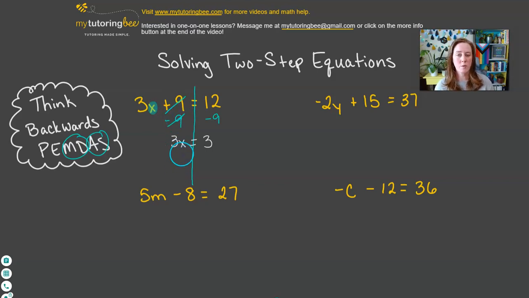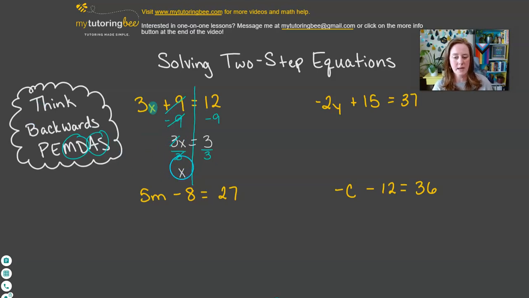When we're multiplying or dividing in order to get rid of something, we want that result to be 1. So we want 1x left here. We are going to divide by 3. I am writing it like a fraction because a fraction is just division, right? That helps me to show my work underneath and easily cross this 3 out. So these 3s cancel out, and that leaves just x.